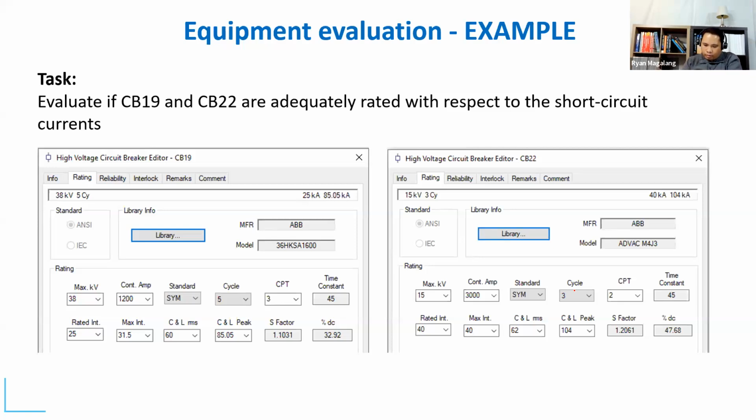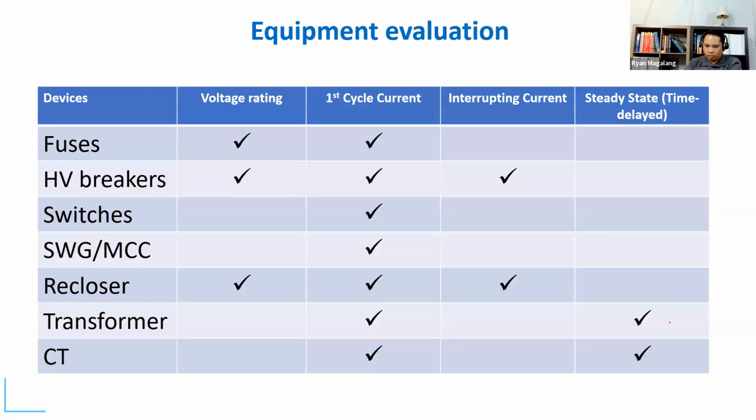So in the data sheet, they would specify at which power factor the breaker was tested.